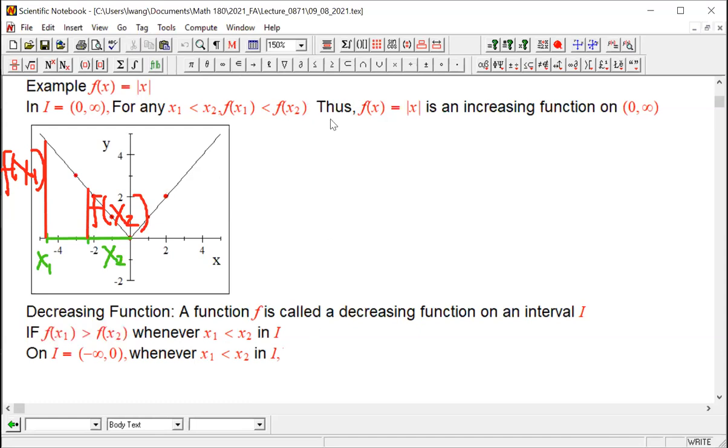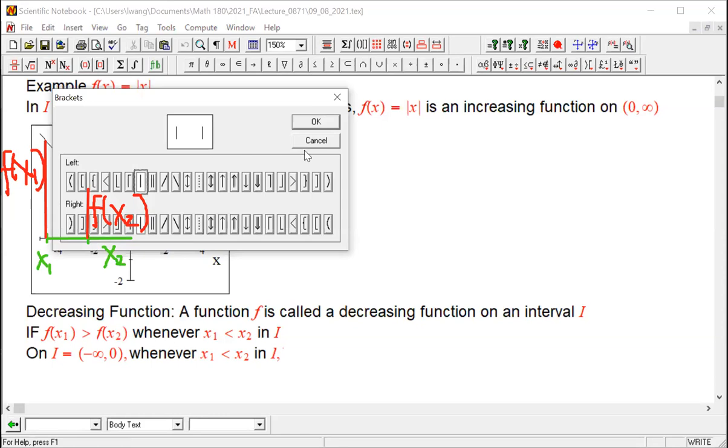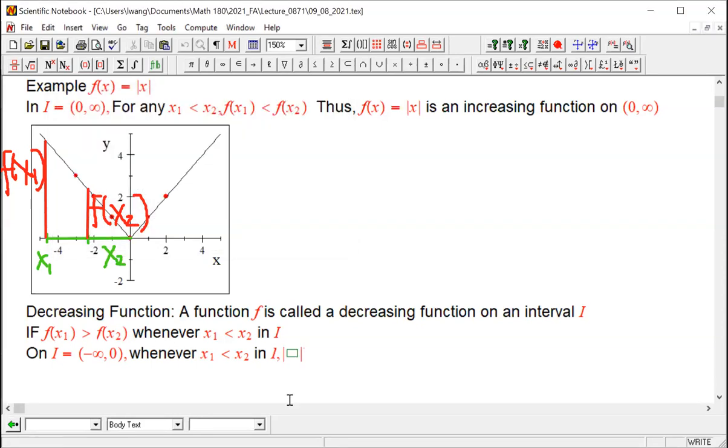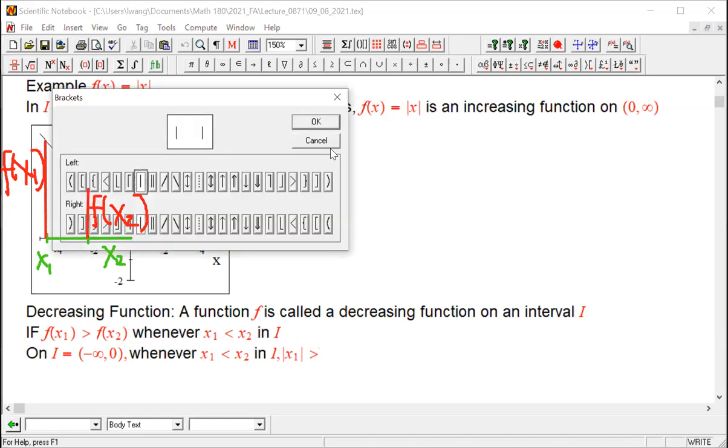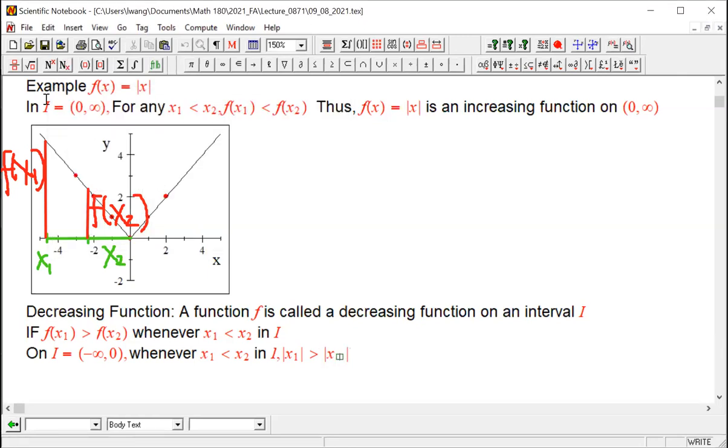And then you would say, yes, okay. The absolute value of x sub 1 is larger than the absolute value of x sub 2. Is that a true statement?